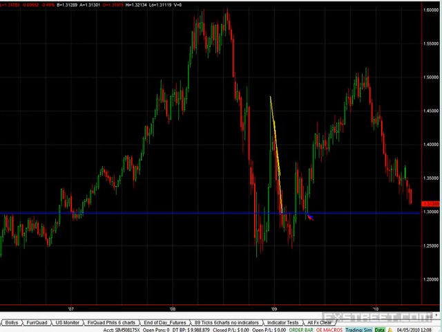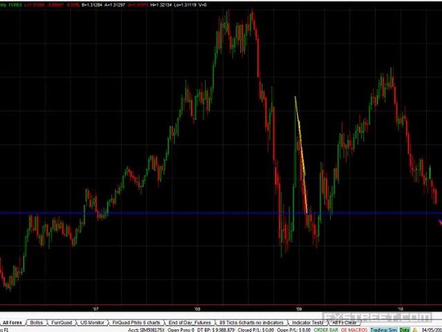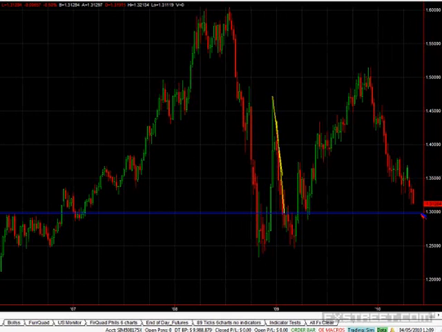We've got an area where 130 provided some support previously. Over here, it provided support. Over here, further left, it provided some resistance. So I wouldn't be at all surprised that we're going to see some area there of support in that 130 level. But of course, that support exists all the way down to 125.